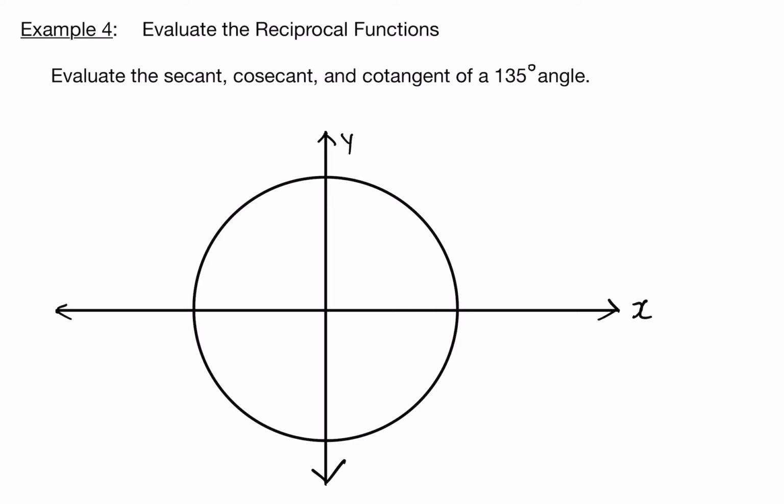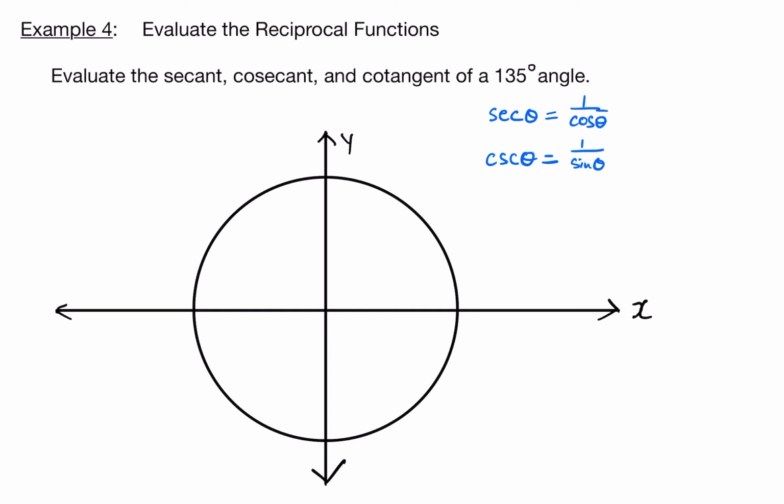Now just to refresh our memory, the secant function, so secant of theta, is equal to the inverse cosine, so that's 1 over the cosine of theta. The cosecant of theta is the inverse of sine, so that is 1 over sine of theta.